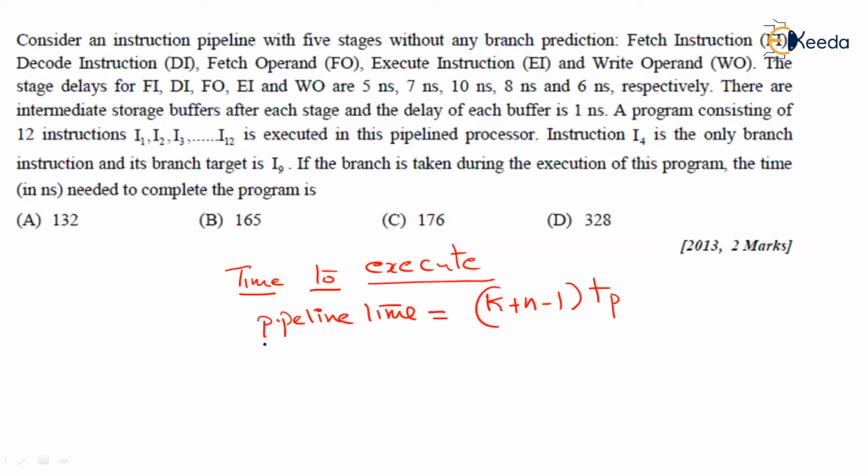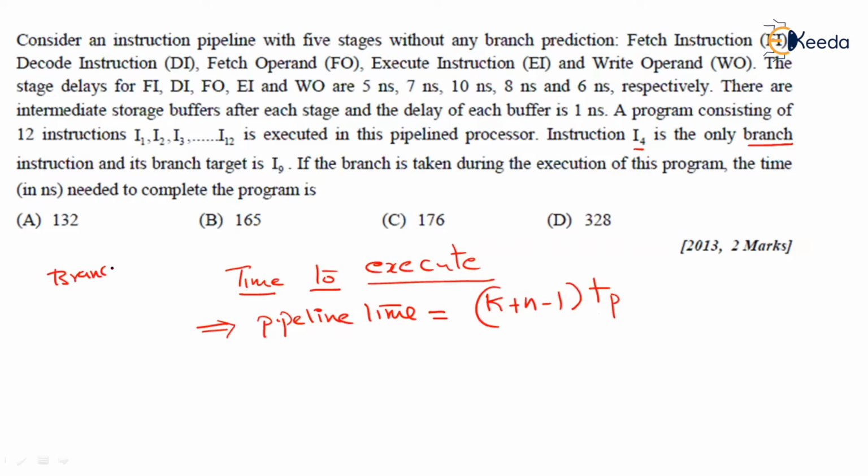Of course, we can solve by using this, but because there is a hazard, if you look at it, a program consisting of 12 instructions I1 to I12 is executed in this pipeline. Instruction I4 is a branch instruction, so there is a branch hazard.